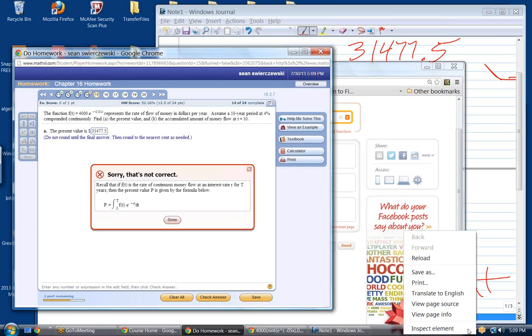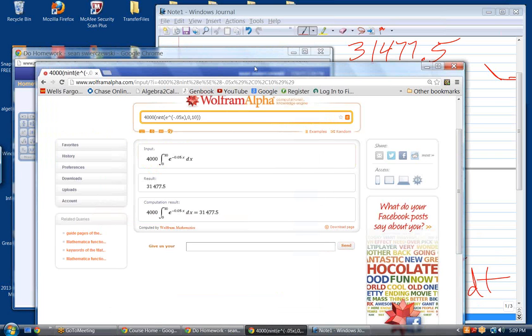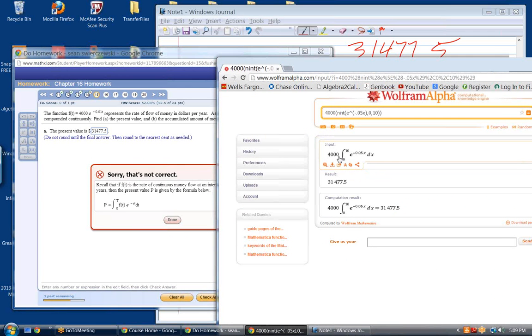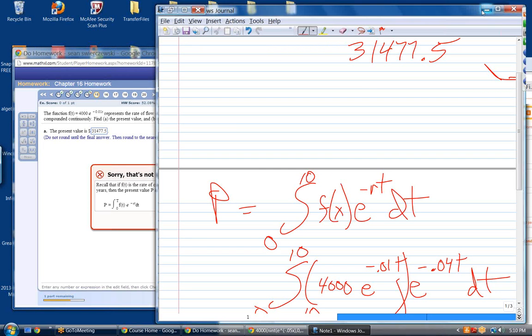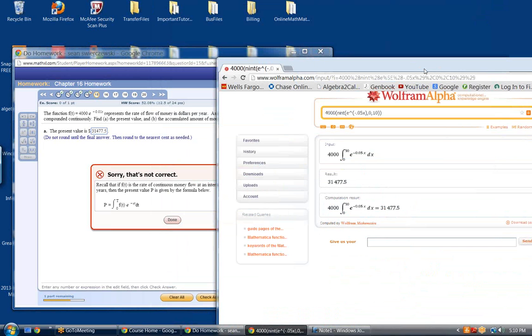That's what I did. I took the 4,000 out of the integral, and I multiplied it by f of t, which was e to the minus 0.01 t times e to the minus rt, which is minus 0.04 t. Nah. Can't be that.